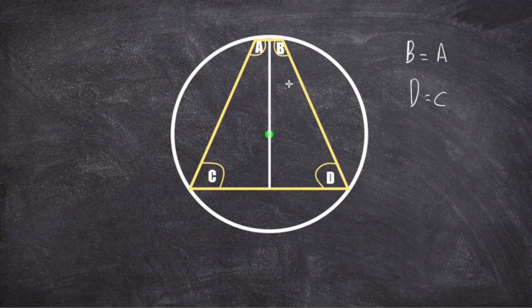Now this symmetry will help us to show that opposite angles in the isosceles trapezoid are supplementary, that they add up to 180 degrees. Let's do that by finding the sum of all the angles in the trapezoid.